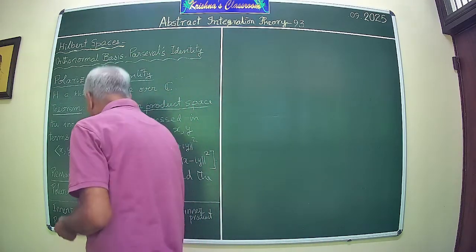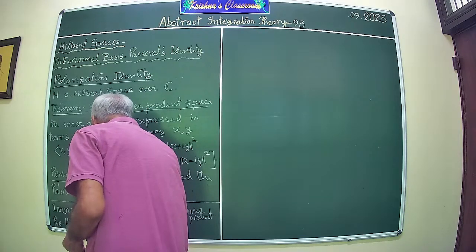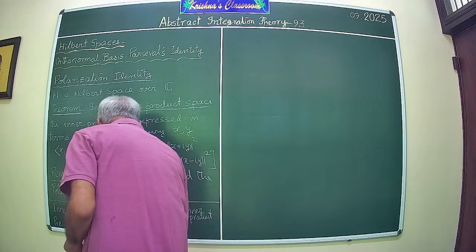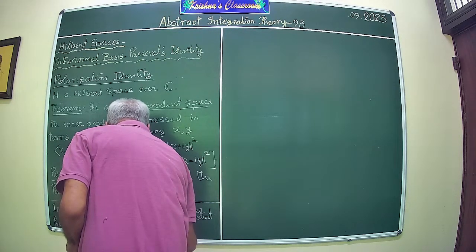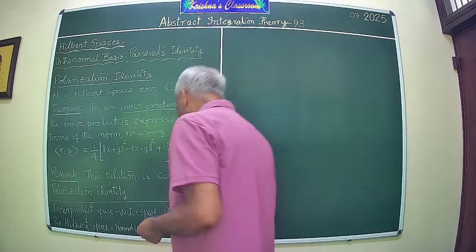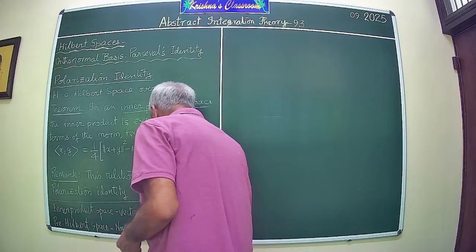A pre-Hilbert space is a normed linear space with the parallelogram law.